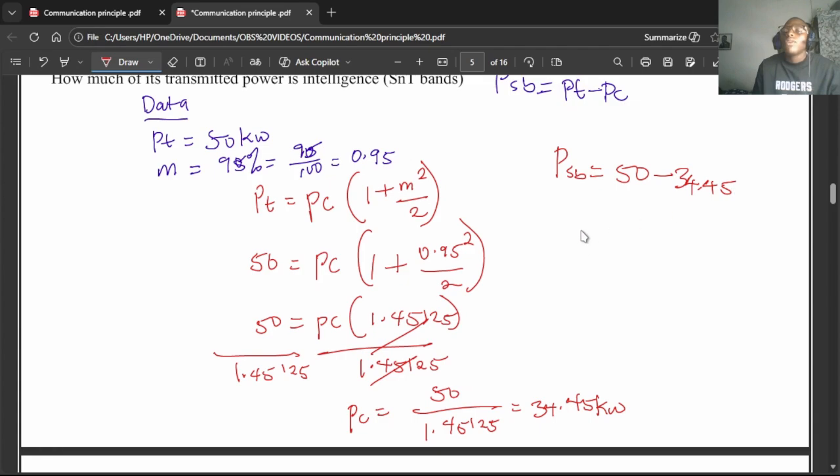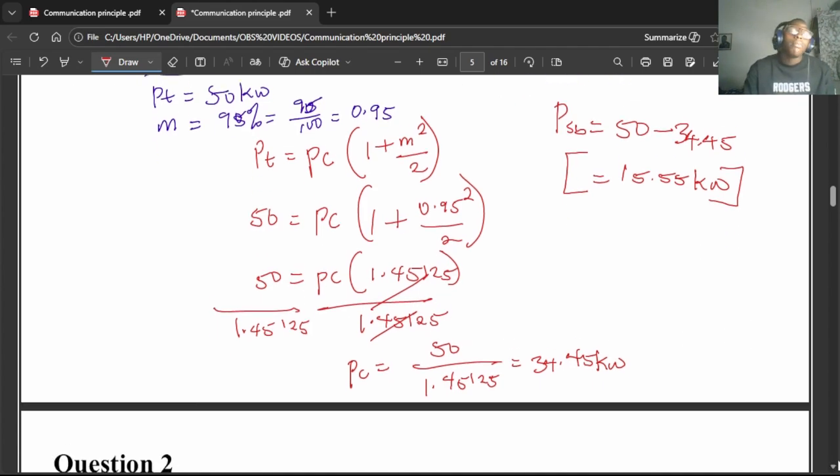So in essence, you now have 50 minus 34.45, which will simply give you 15.55 kilowatts. Am I communicating? So your intelligence transmitted power will now be 15.55 kilowatts.